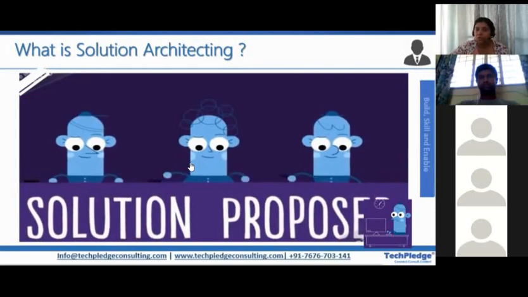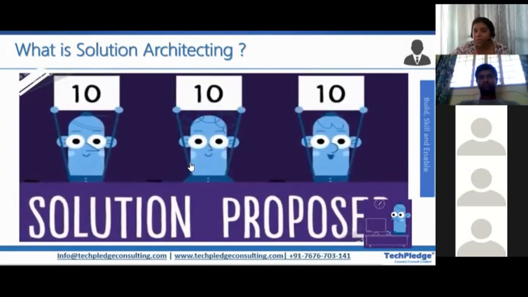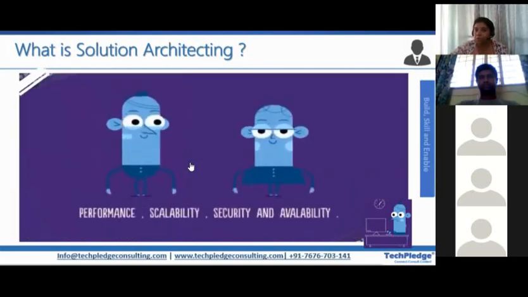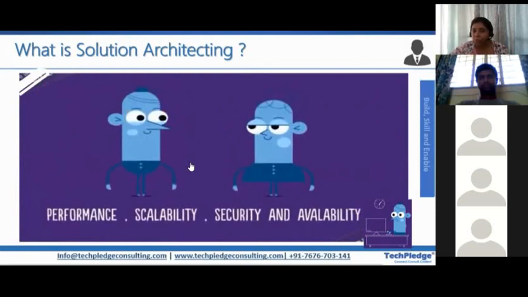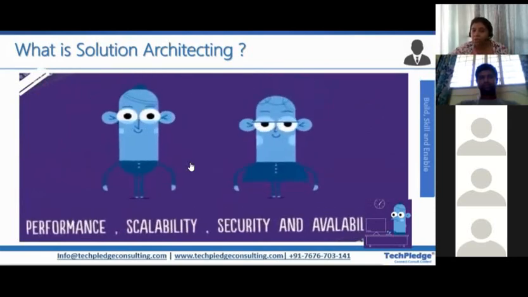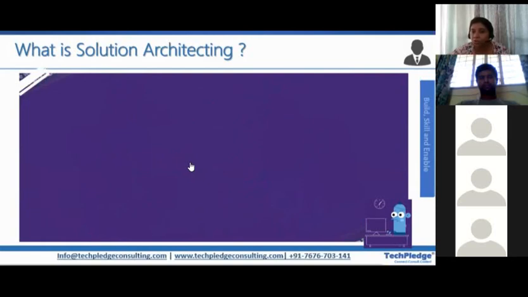Whatever solution you propose should fit into the customer requirement, that is the performance, scalability, security, and availability, that is what you should be talking about. So I hope this gives you a very good idea about why you are called a solution architect, and what all you should be doing as a solution architect.